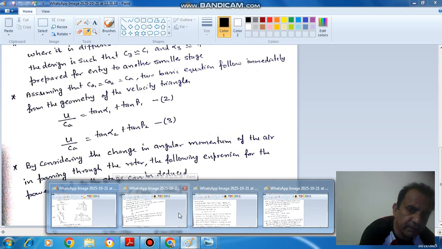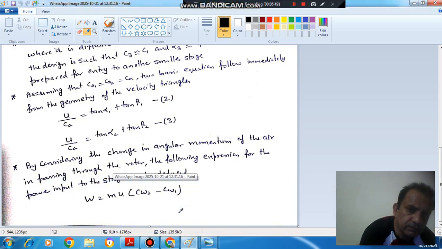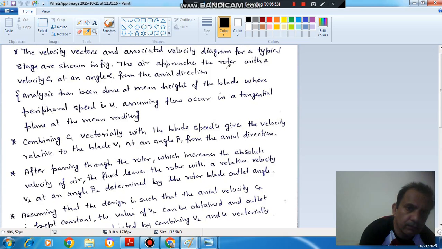So now I will read out these things. First point, the velocity vectors and the associated velocity diagram for a typical stage are shown in the figure. The air approaches the rotor with a velocity C1 at an angle alpha 1 from the axial direction.